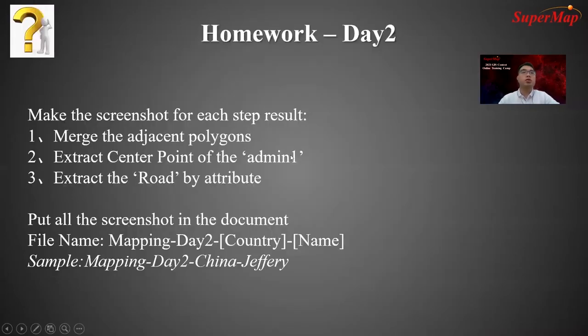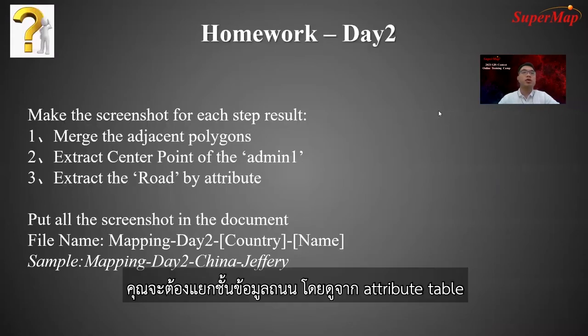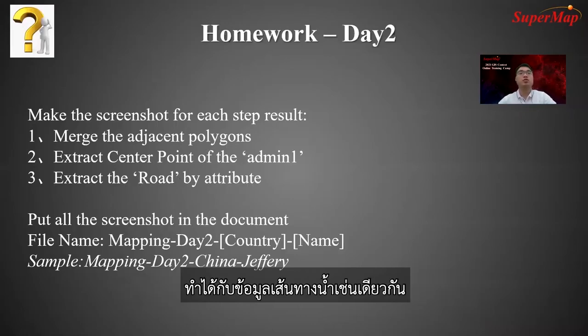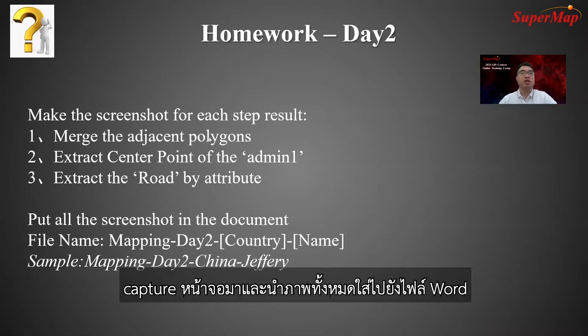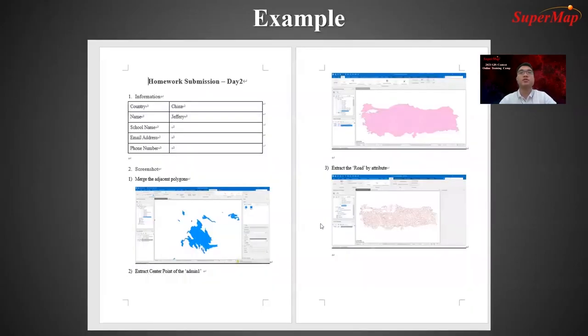And also you need to extract or separate the road by the attribute. And also you can do it for the water features. And then you make some screenshots and put them in the Word document like this.